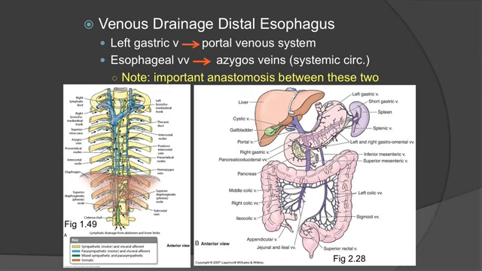So that's the portal venous system, a separate system. Then we have the esophageal veins, which are draining into the azygous veins, which is part of the systemic circulation. Different circulation, doesn't go to the liver, that's going to the heart.